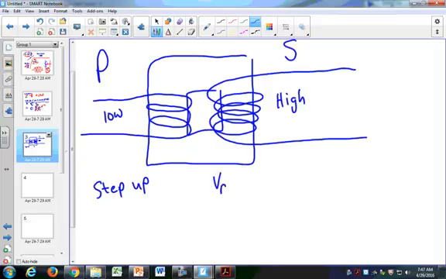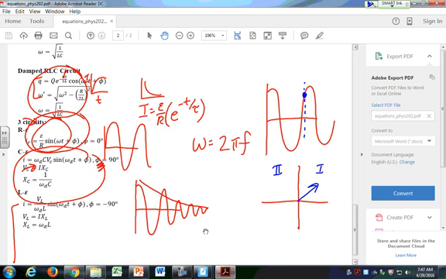I know that my primary voltage divided by the number of turns on the primary coil is equal to my secondary voltage divided by the number of turns on the secondary. So it's dependent upon the number of turns of wire. This is on your equation sheet.